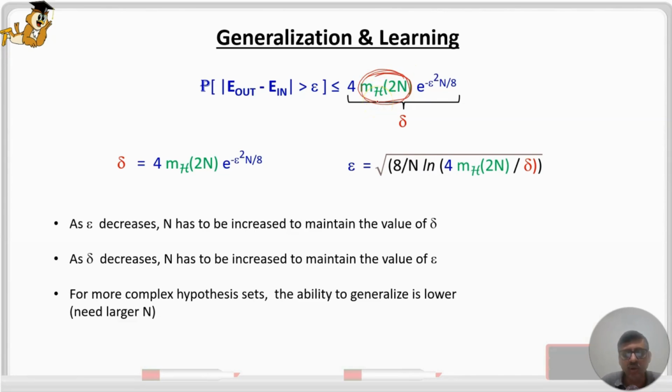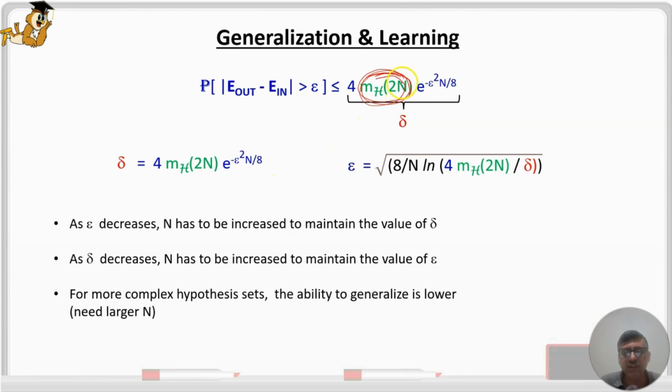As you know, more and more complex hypothesis sets have higher and higher growth function values for the same n. The more complex the hypothesis set, the more dichotomies it can create on a given number of points, and therefore the value of MH for a certain number of points is higher for a more complex hypothesis set.